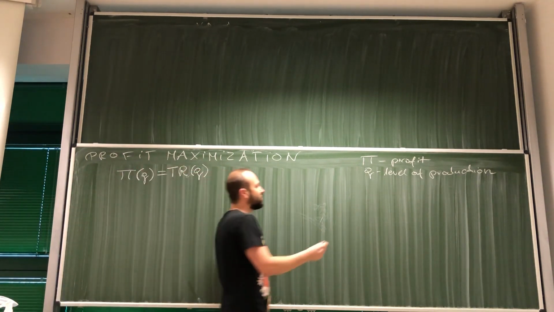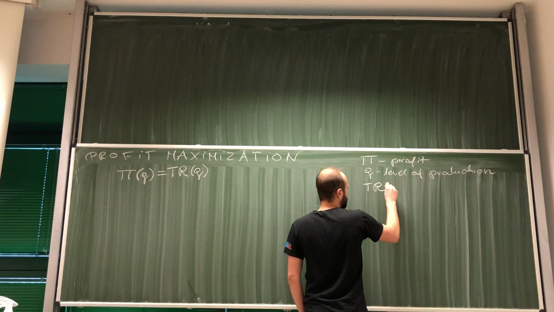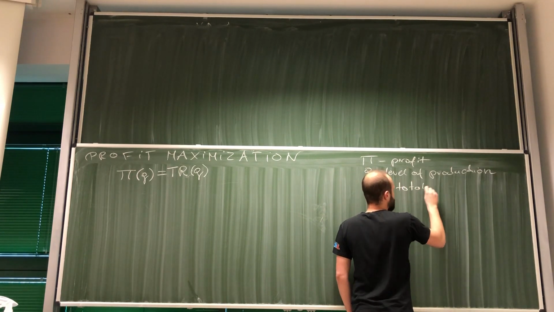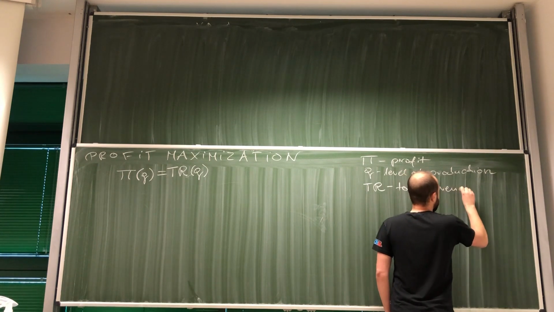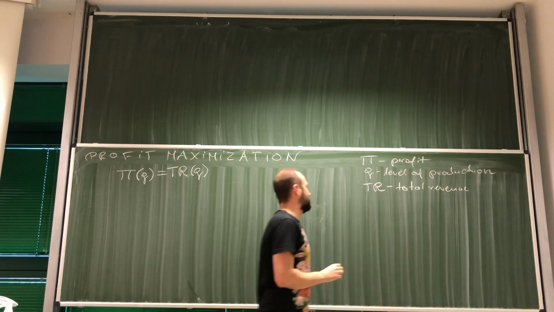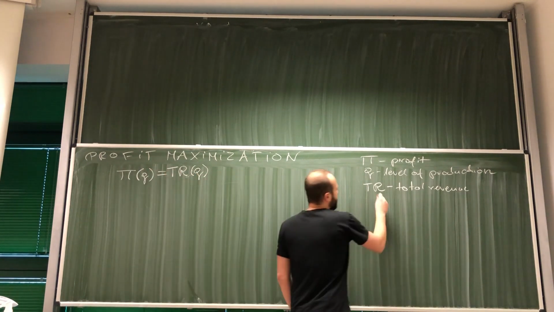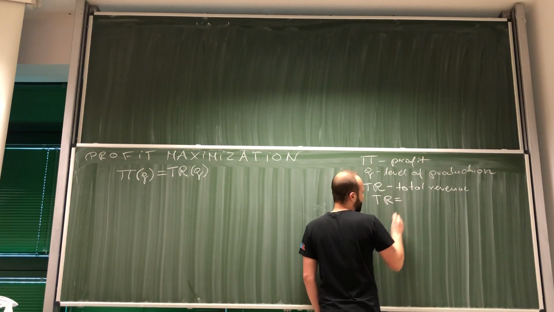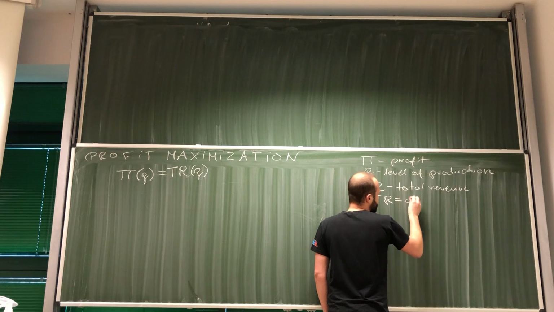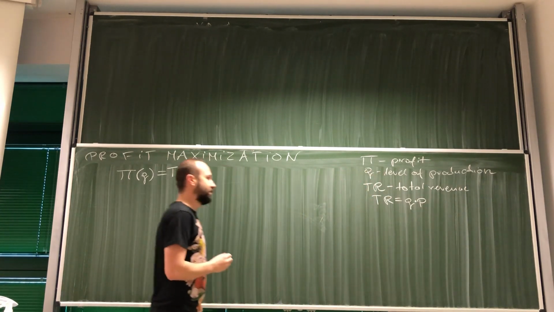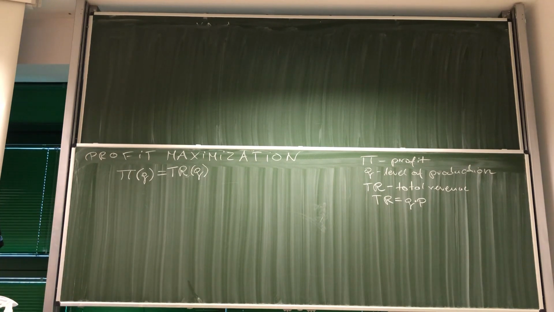So we've got the total revenue is denoted by TR. And please remember also that we can easily find total revenue because total revenue is nothing more than quantity sold times the price at which this quantity was sold.